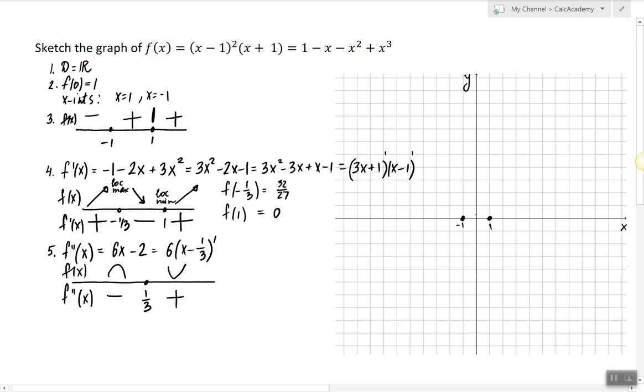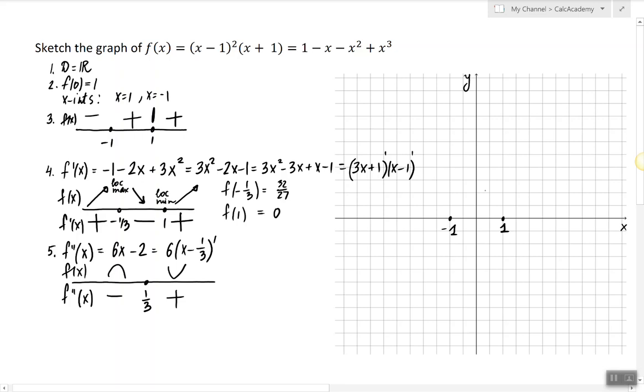I know my function will be increasing to the right of 1 and to the left of -1/3. So here's the general shape of this function.